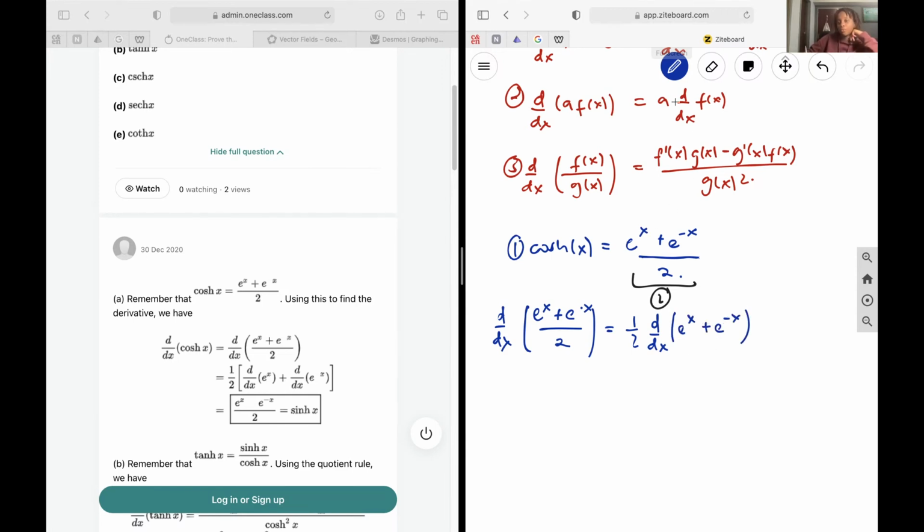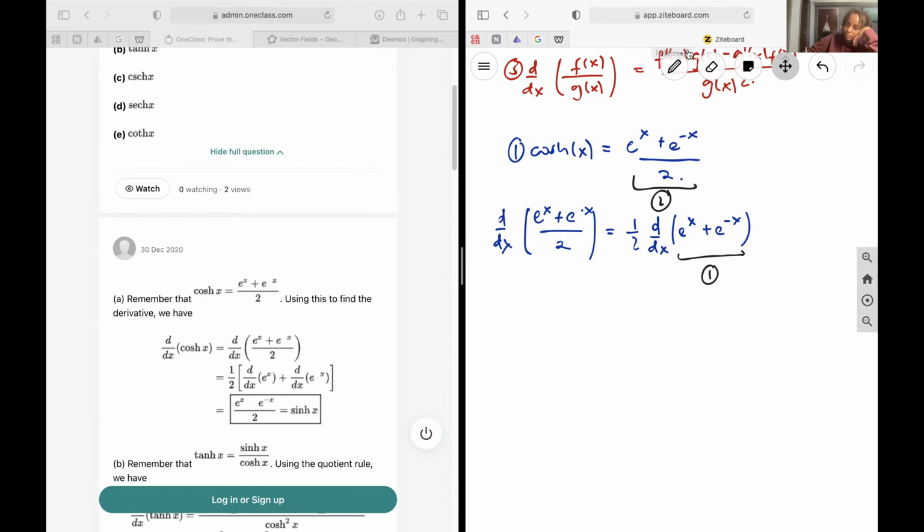And then we're going to use rule 1 to separate these. And this will give us 1 over 2 multiplied by d over dx of e to the x plus d over dx of e to the minus x.